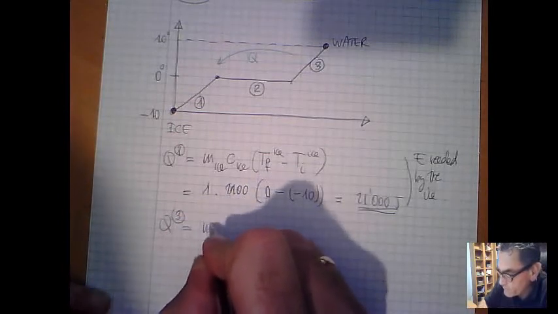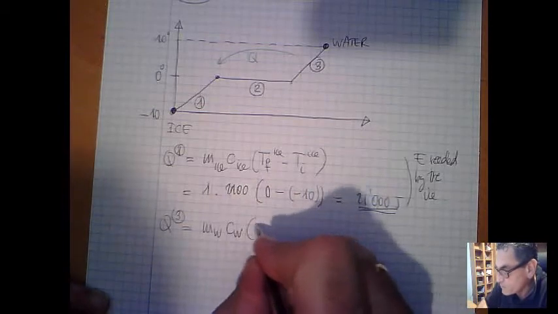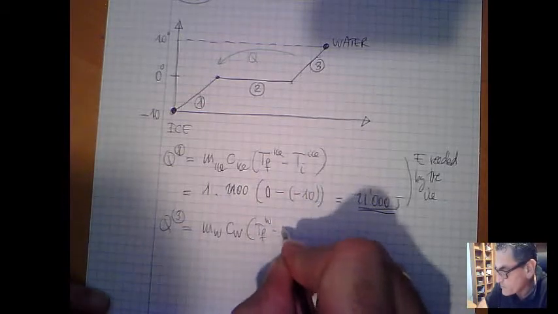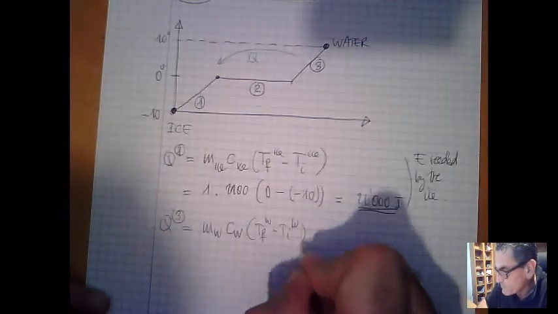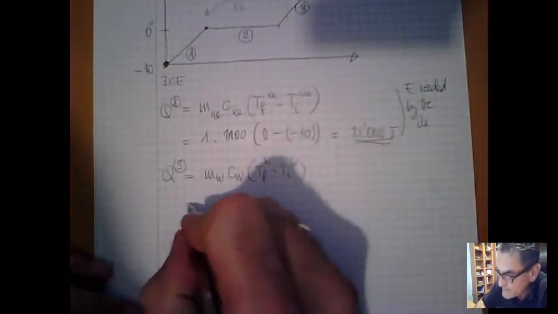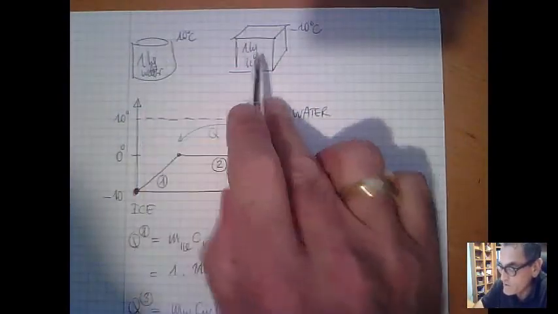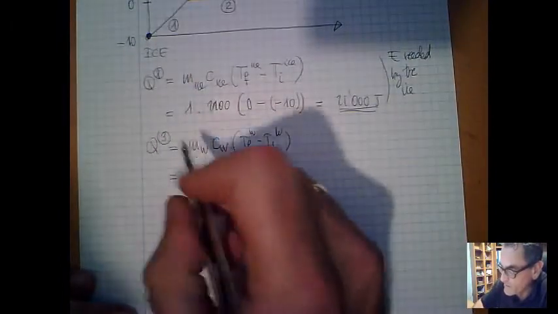Okay, so let's compute now the Q for phase 3. The Q for phase 3 is the mass of the water times the C of the water times the final temperature of the water minus the initial temperature of the water. I've just rewritten the formula. And the mass of the water is 1 kilogram again. We have 1 kilogram of water, 1 kilogram of ice.